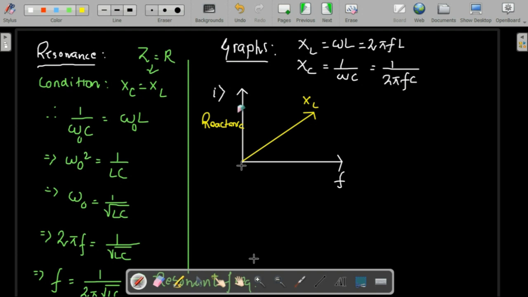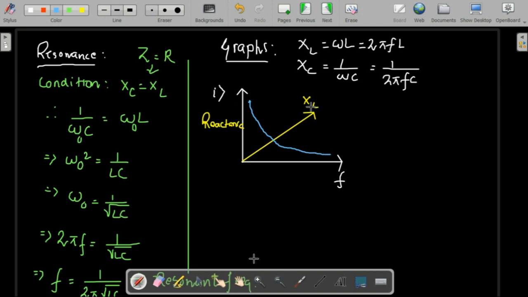It's directly proportional, so it will be something like this. If you talk about XC and f, it means it's inversely proportional. So when the frequency is minimum, the reactance is maximum, and vice versa. Let's say the frequency is minimum, the reactance would be maximum, and as the frequency keeps on increasing, the reactance will keep on decreasing.